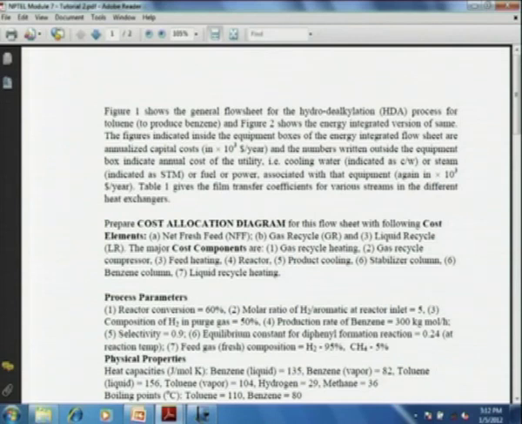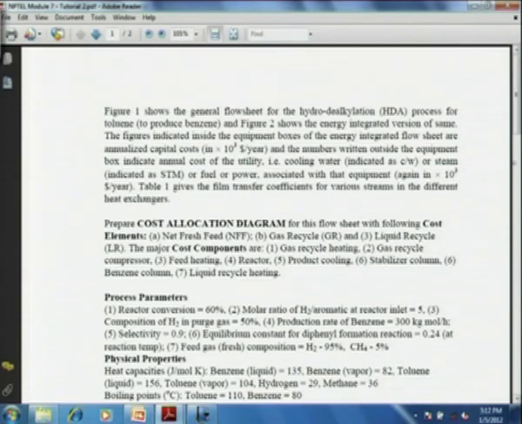Now, we have to prepare a cost allocation diagram. The coefficients remain the same as given earlier in problem 1. However, we now have 3 cost elements: net fresh feed, gas recycle and liquid recycle. Major cost components again are the same as before: gas recycle heating, gas recycle compression, feed heating, reactor, product cooling, stabilizer column, benzene column and liquid recycle heating.